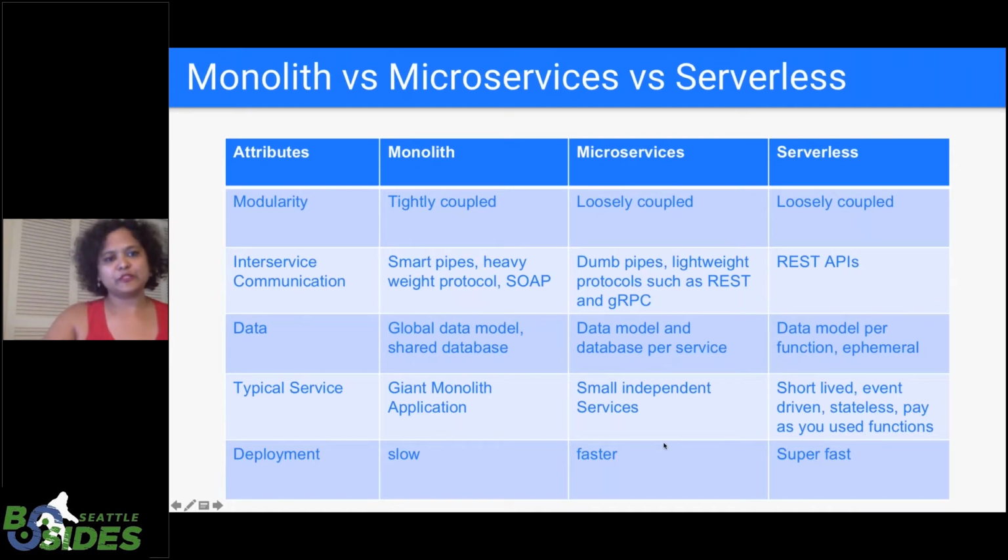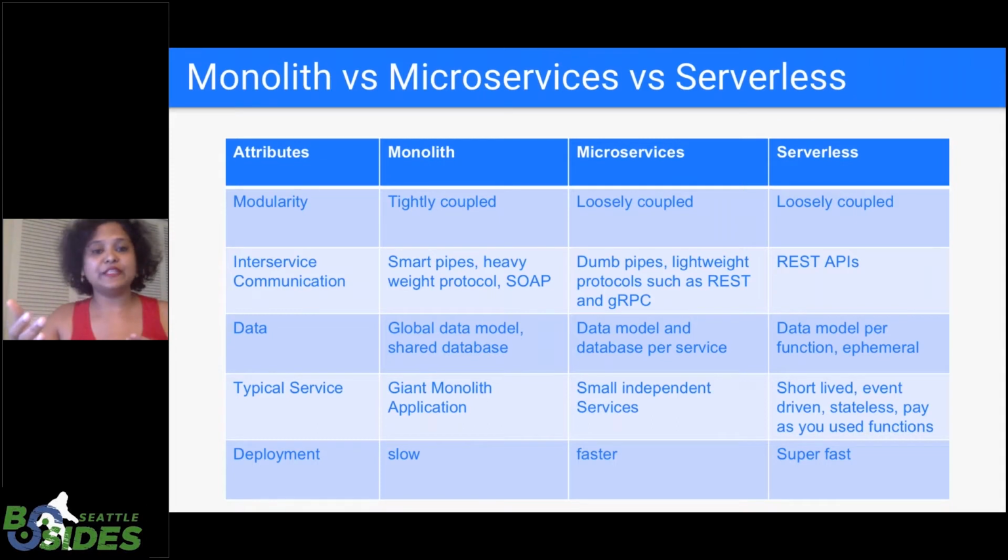Now let's take a deeper look into different attributes. From a modularity perspective, we have seen that monoliths are very tightly coupled, whereas microservices are loosely coupled, just like serverless applications. When it comes to inter-process communication, monolith applications use heavyweight protocols like SOAP, but microservices use lightweight protocols like REST or gRPC.